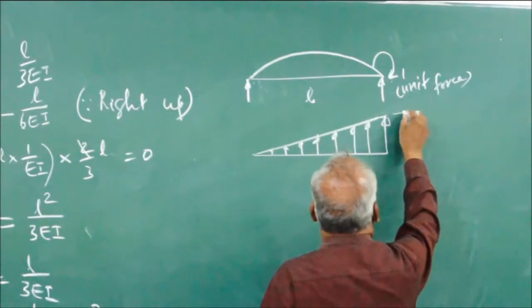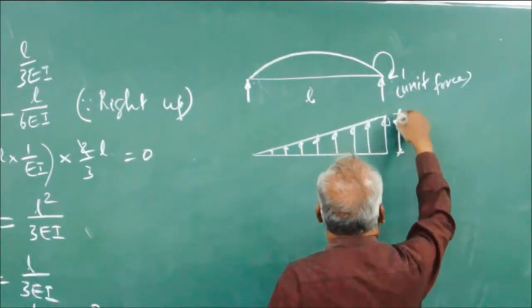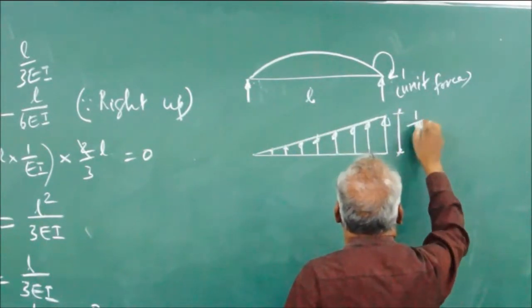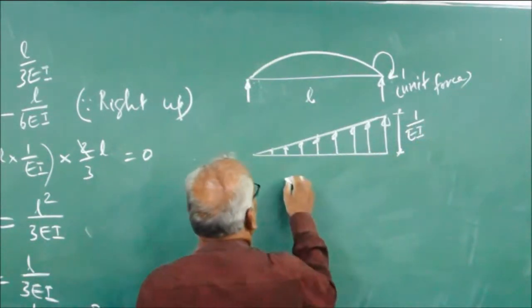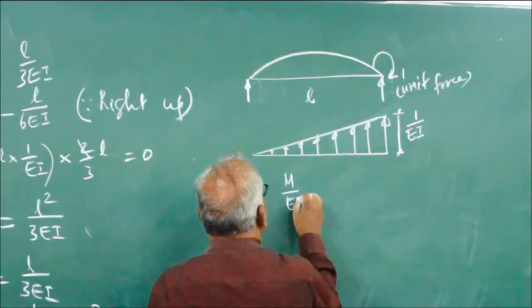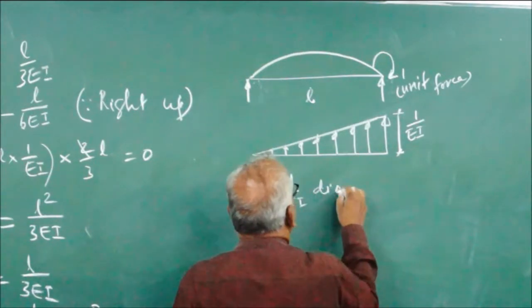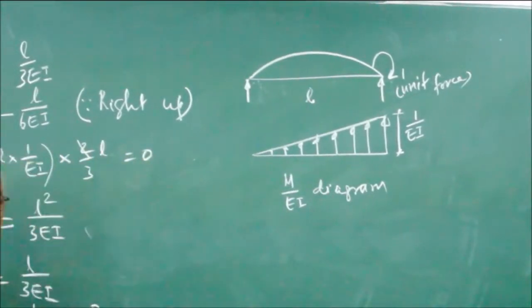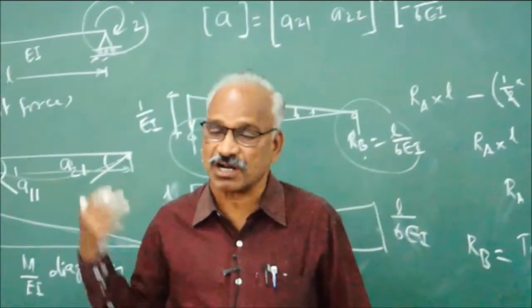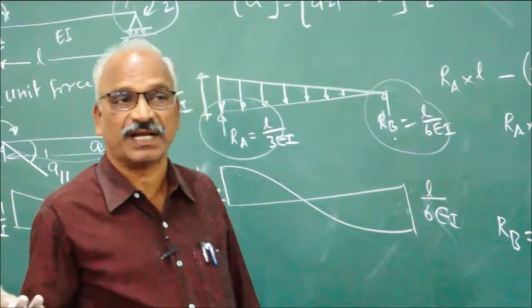So this is 1 by EI, the M by EI diagram. Why it is a triangle, why it is having linear variation, was already discussed, so I will not explain again.